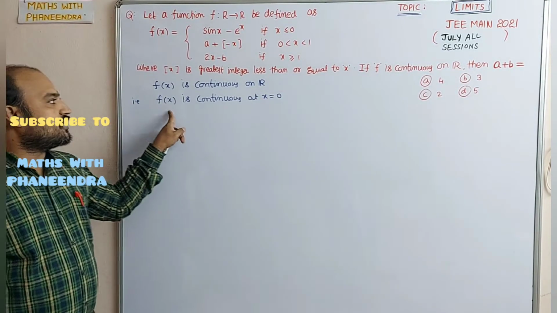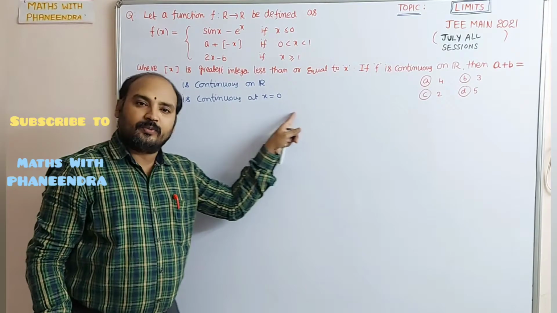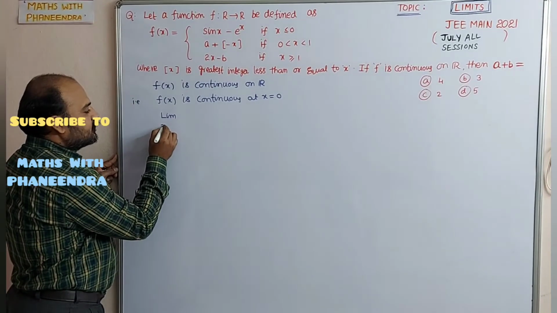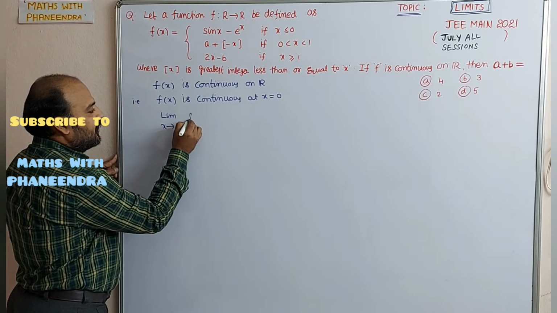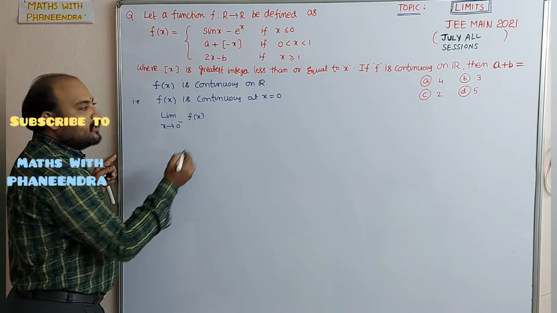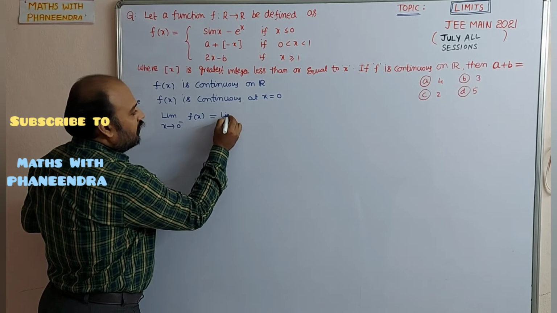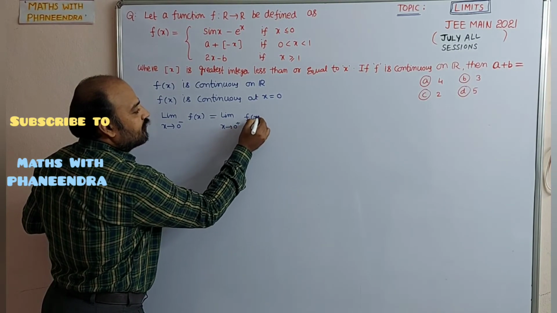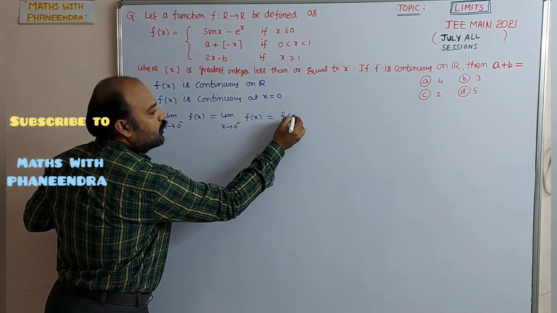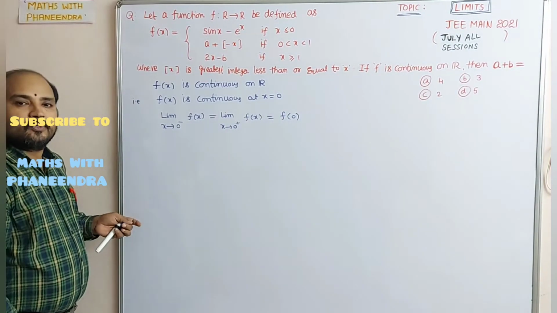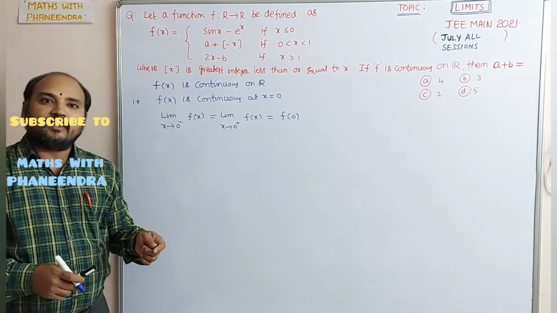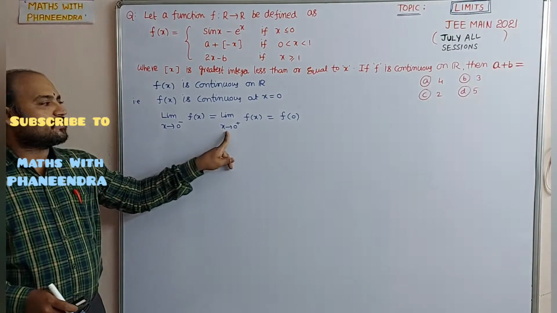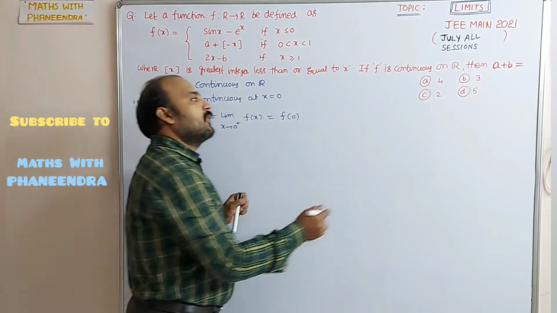So whenever the function is continuous at x is equal to 0, limit x tends to 0 minus f of x is equal to limit x tends to 0 plus f of x is equal to f of 0. First, we will define the function values. x tends to 0 minus, x tends to 0 plus.